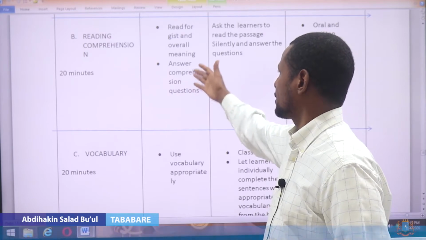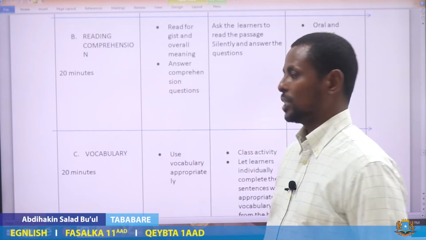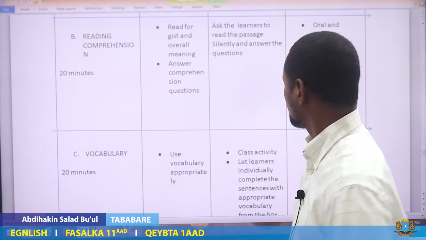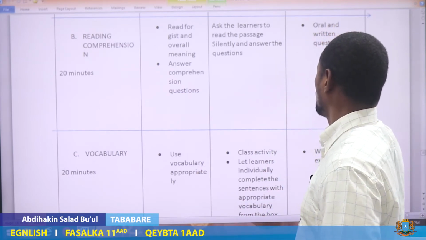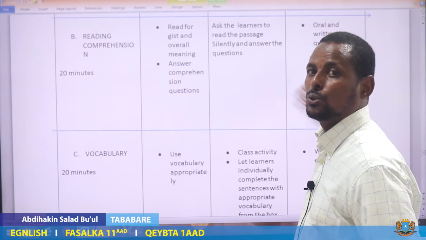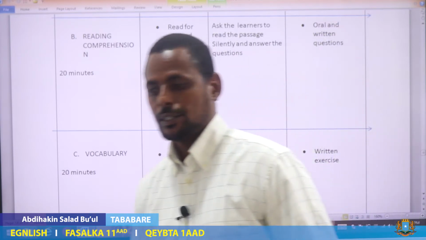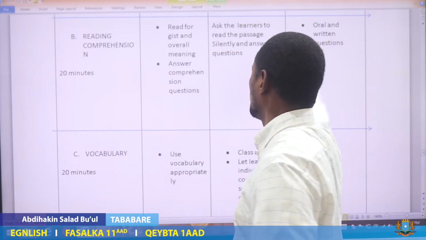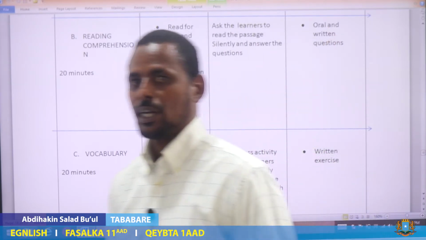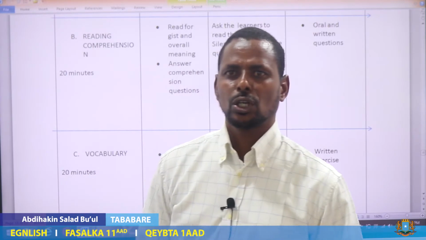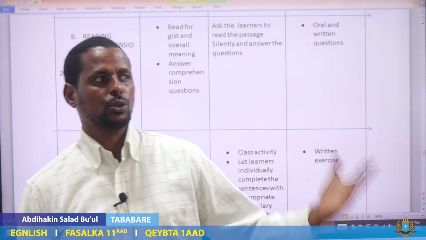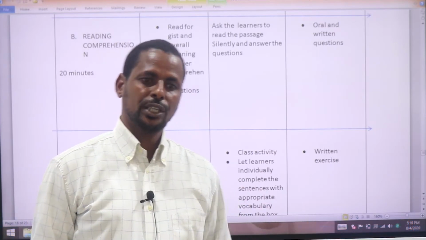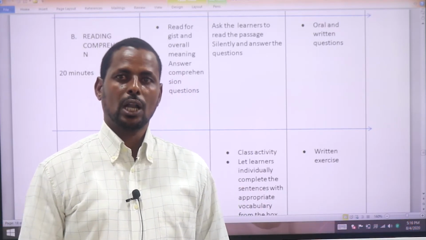Then answer comprehension questions. Another objective is that students should be able to answer comprehension questions, oral or written. These are how you are going to give your assessment. How do you assess them? Ask them orally after reading the comprehension, using the methodologies which we have already talked about before, like silent reading individually or loud reading.